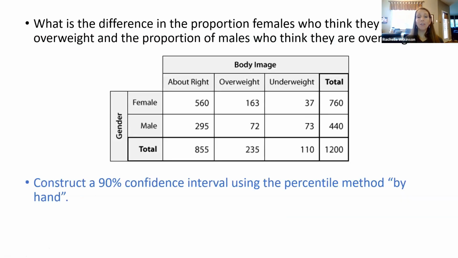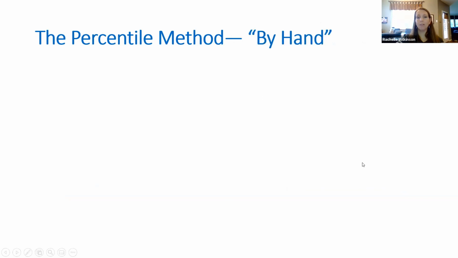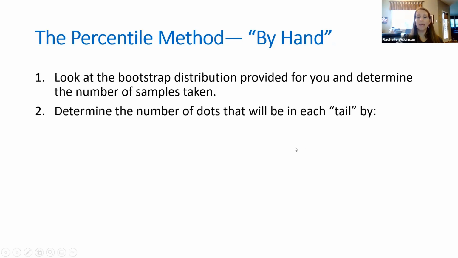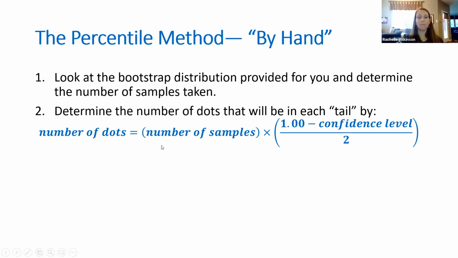Now let's look at another way to do the percentile method, if you don't have StatKey handy and instead you're just given a Bootstrap distribution. I call this doing it by hand. When you're given the distribution, you look at it and determine the number of samples taken. Then we figure out how many dots will be in each tail using this formula: the number of dots equals the number of samples times (1 minus the confidence level) divided by 2.